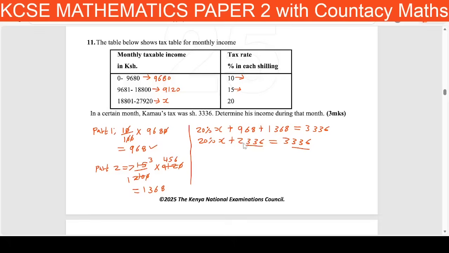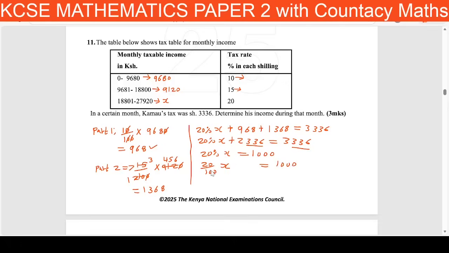So simply we can take the whole of this to the other side to have 20% of X equivalent to 3336 minus 2336, that will give us 1000. So that implies that 20 over 100 multiplied by X is equal to 1000.